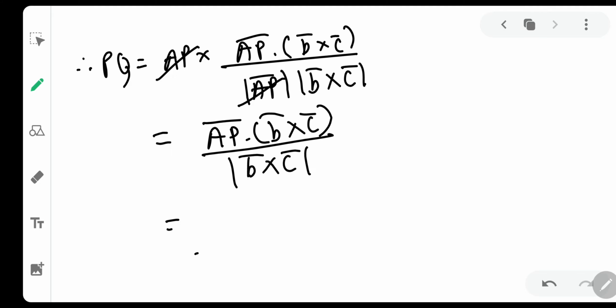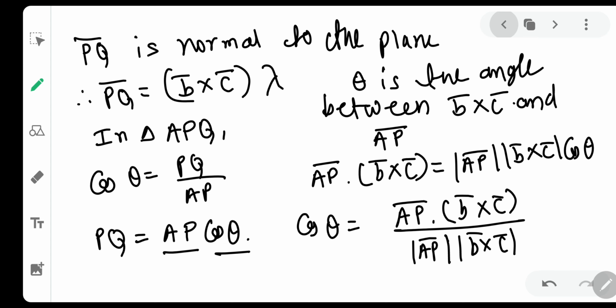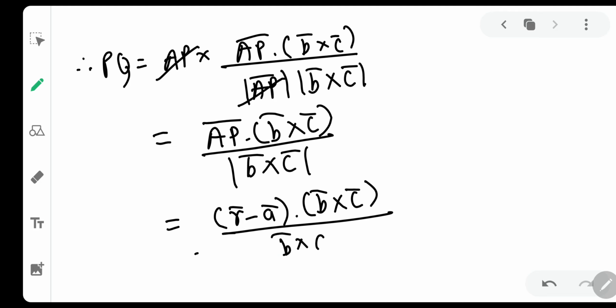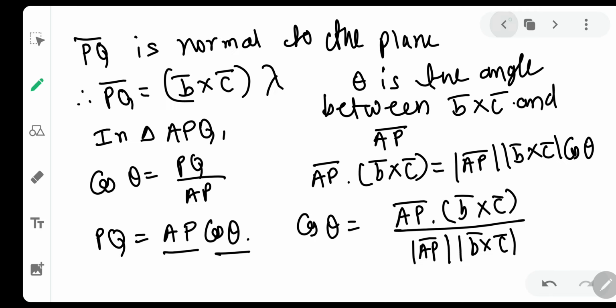But what is AP bar? We have already seen that AP bar is nothing but r bar minus a bar. So we can say that r bar minus a bar dot b bar cross c bar upon magnitude of b bar cross c bar is our value of PQ. So this is the length of perpendicular PQ.